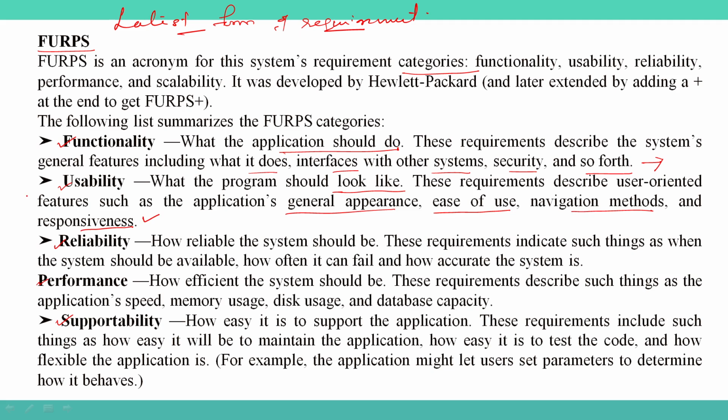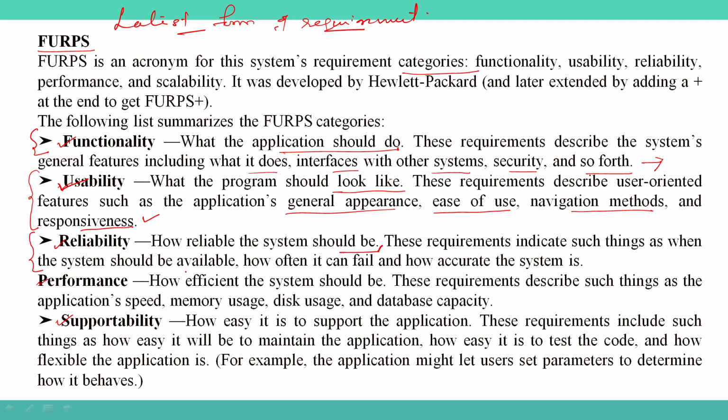So based on the usability part, you have to get a set of requirements. So this is the first set of requirements based on functionality. This is the second set of requirements based on usability, that means how it looks, appearance, user features, etc. Then the third is based on reliability: how reliable the system should be.